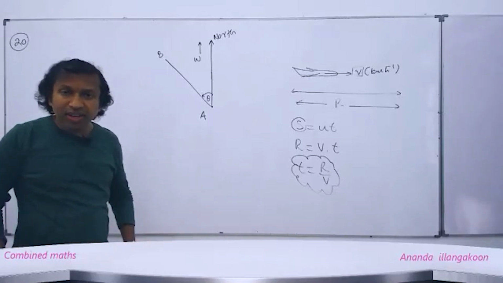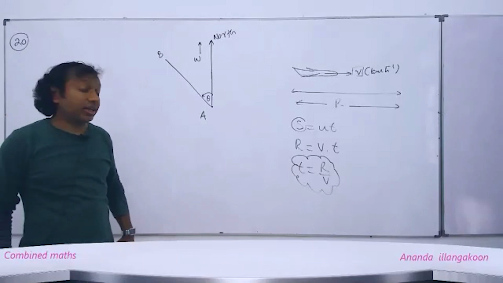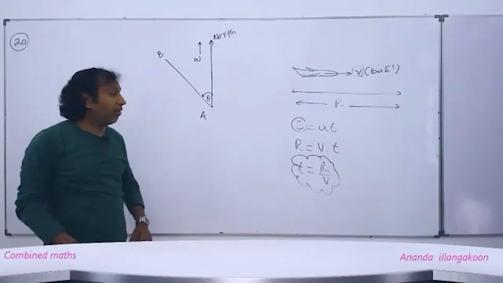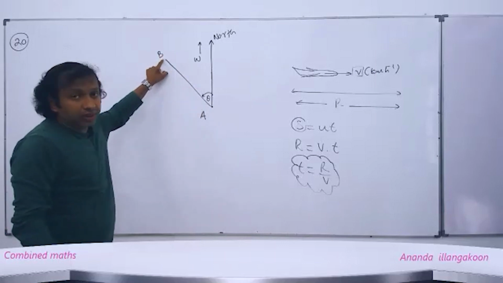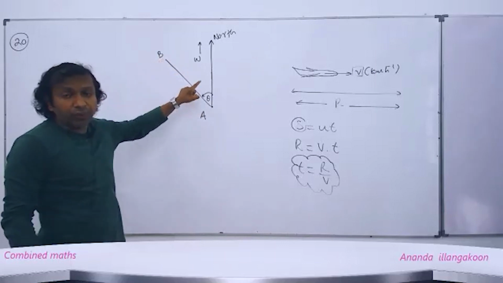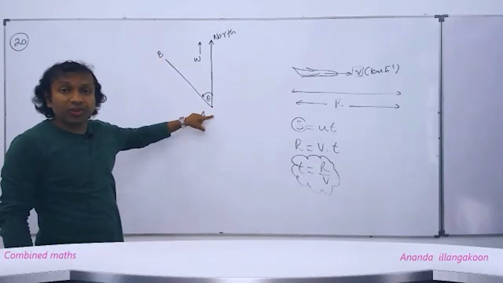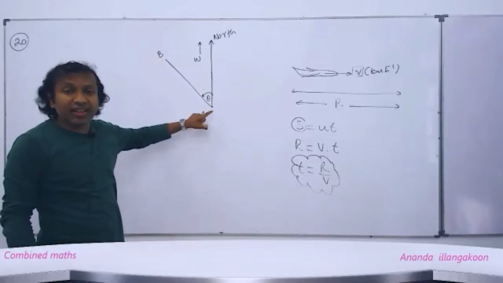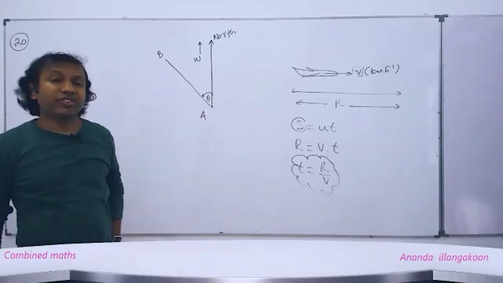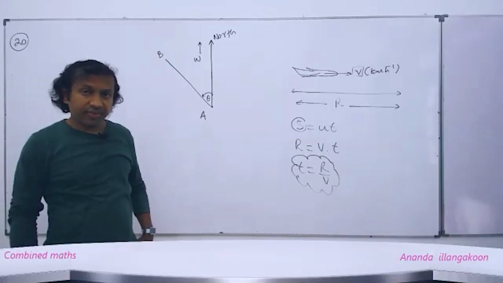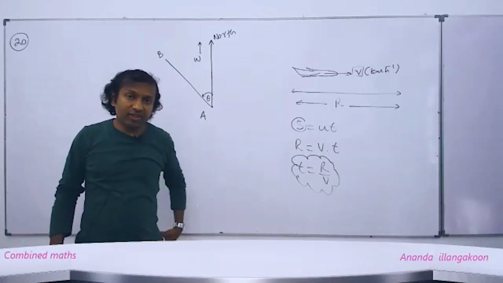What is meant by just come back, people? Once the aeroplane starts from here, going to this B and coming back to A, just come back means once the aeroplane lands again at A, all its fuel is completely finished.